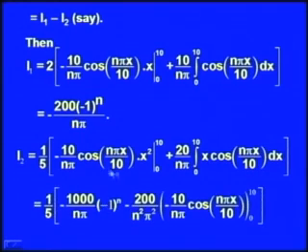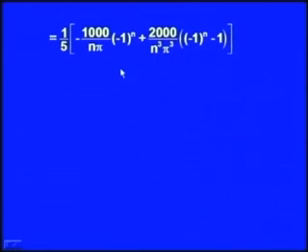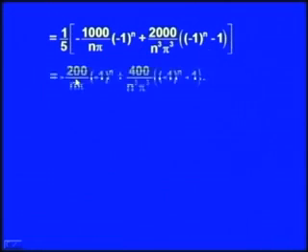And when we put the lower and upper limits here and carry out the integral and substitute the limits, we have this. So, after simplification this gives us 1 over 5 into minus 1000 over n pi into minus 1 to the power n, plus 2000 over n cube pi cube into minus 1 to the power n minus 1.